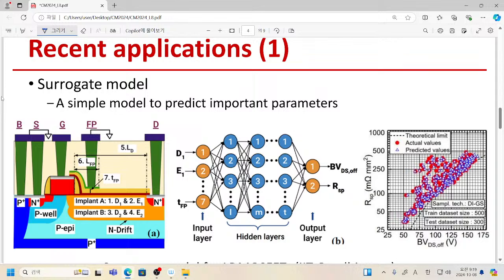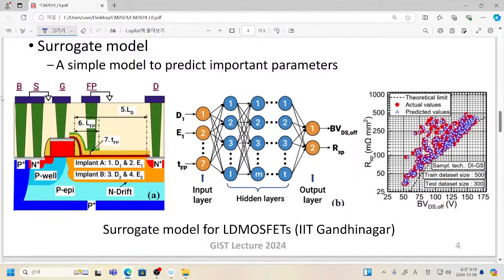Surrogate means that instead of considering the full details of the original system, we want to make a much simplified model. Inside it, it doesn't have any kind of physical explanation, and just generates the final result we want to know. For example, let's think about this one.